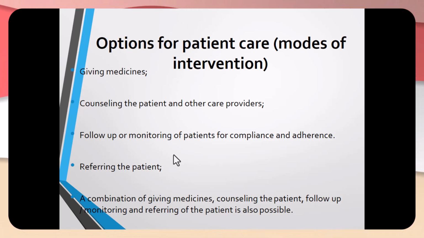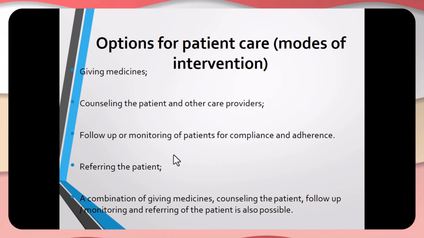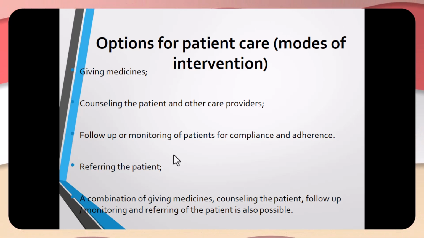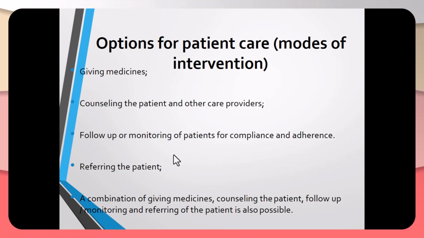You need to give medications to your patient, counsel your patient, and other care providers. Okay, follow-up or monitoring of this patient, you need to monitor always your patient for compliance and adherence, and then referring the patient in case you can't manage the condition, or maybe it is not improving.